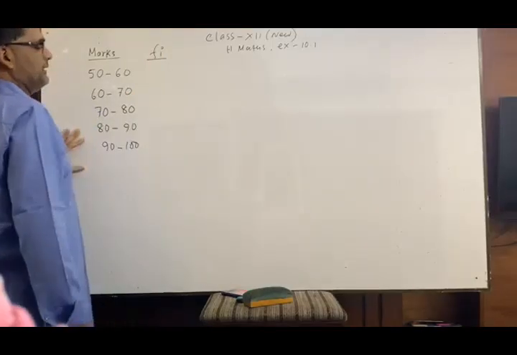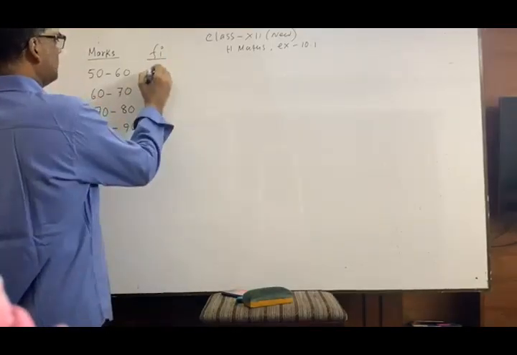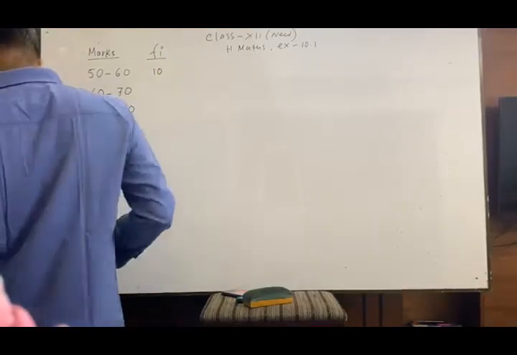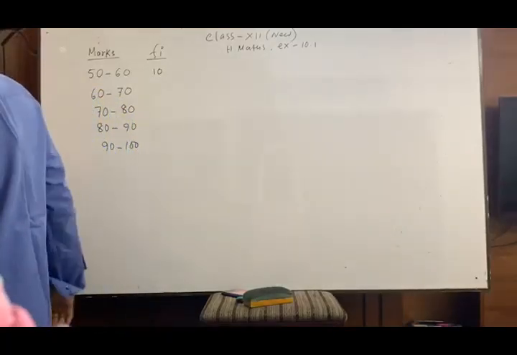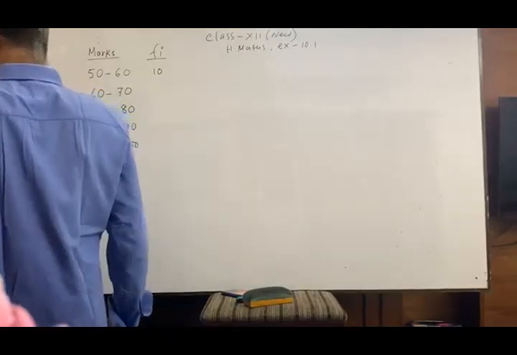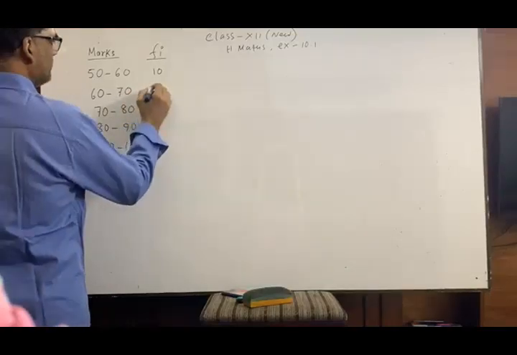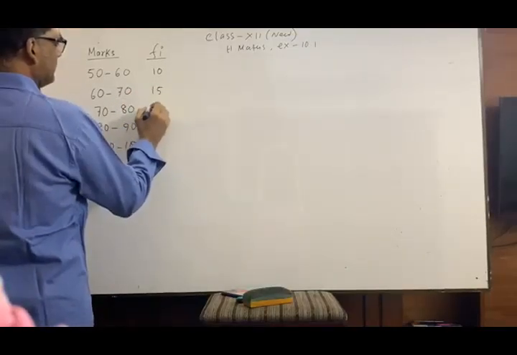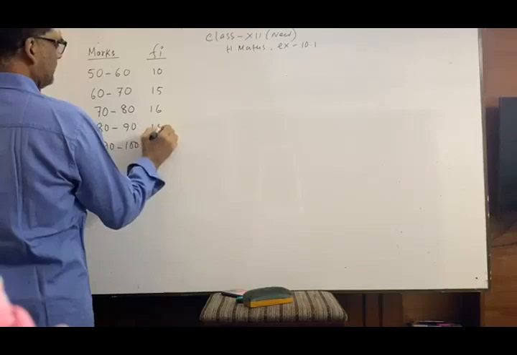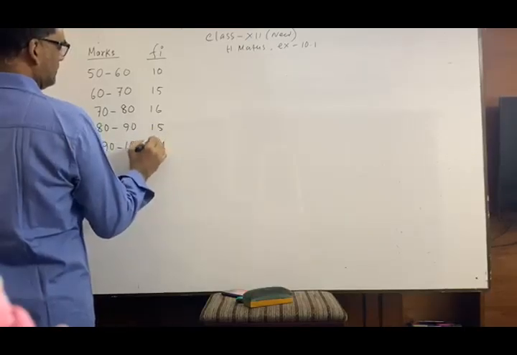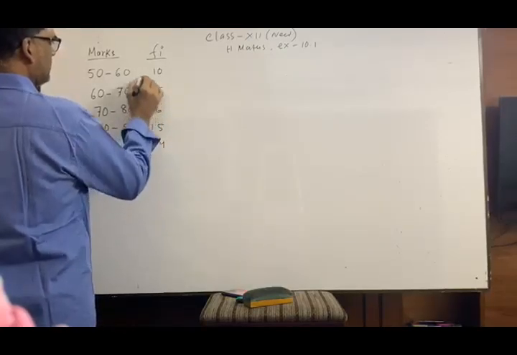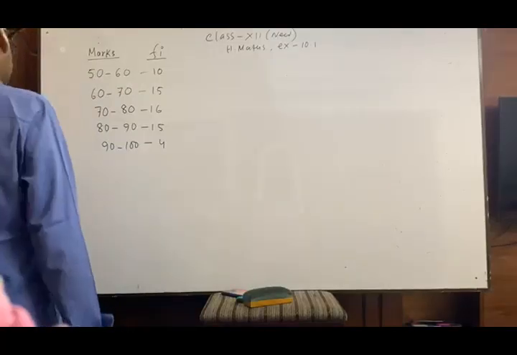Fi is given as 10, then 15, 16, 15, 4. They are the marks obtained.